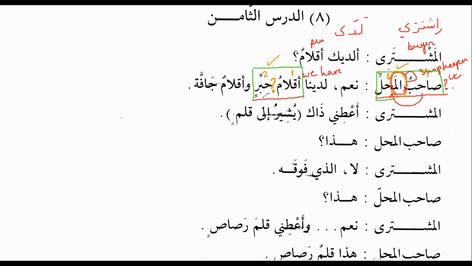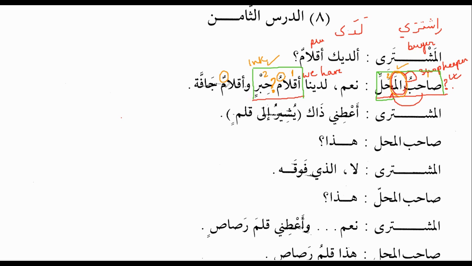Aqlamu hibrin means I have pens. Hibr is ink. So he has ink pens. And aqlamun, so this is a tanween, so don't get confused that this is also an idafa. As you know, the first noun doesn't have a tanween in idafa, so this is one of the recognition points.